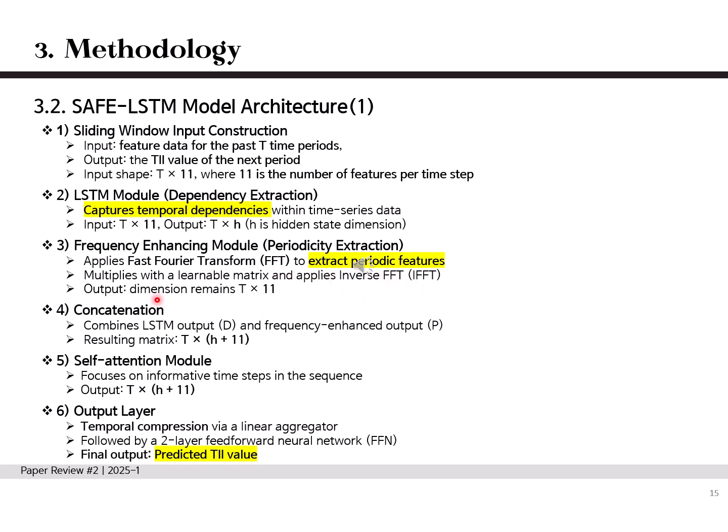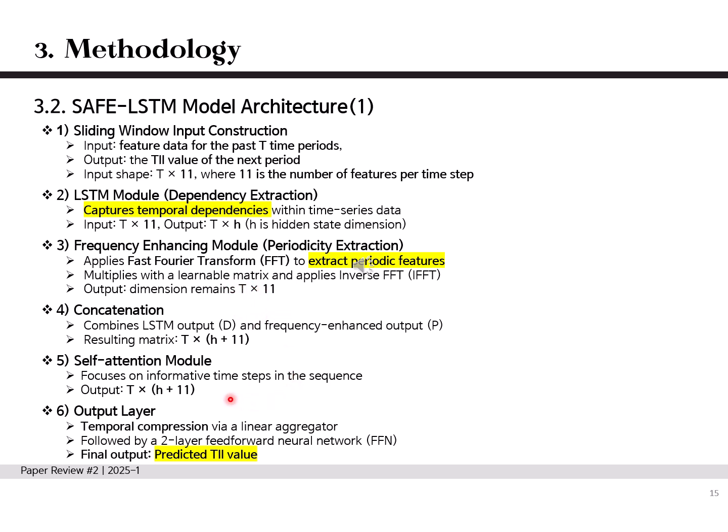In the concatenation module, they have combined the LSTM output and the frequency enhanced output P. So the resulting matrix is T multiply H plus 11, because the output of the LSTM module is T multiply H and the frequency enhancing module output is T multiply 11.